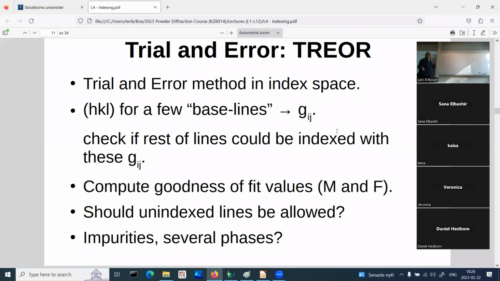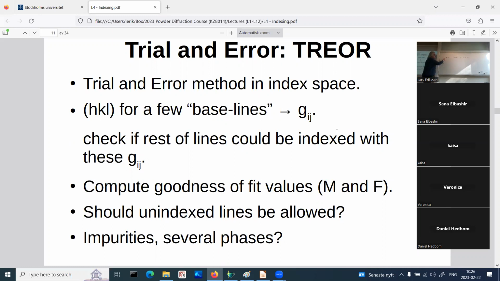We don't know which, but we know that they are small because it represents a line that has a large d value, close to the origin in reciprocal space.